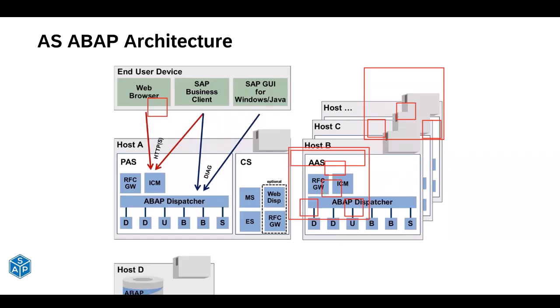Okay, see, normally you can install a web dispatcher integrated into your ASCS instance. That is the optional part. Why have they made it optional? The reason is that now you can install a separate system and install it as a web dispatcher. No need to integrate it into your ASCS instance. Do you get my point?